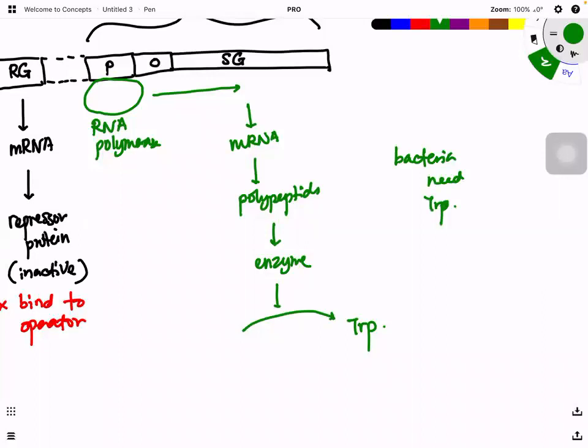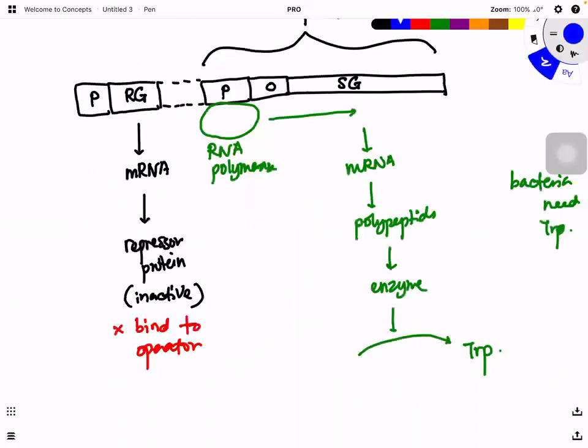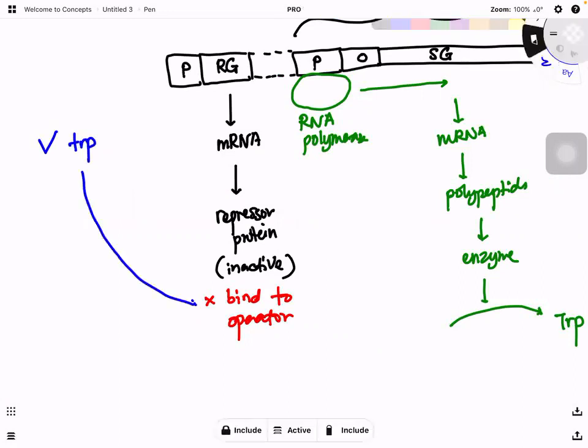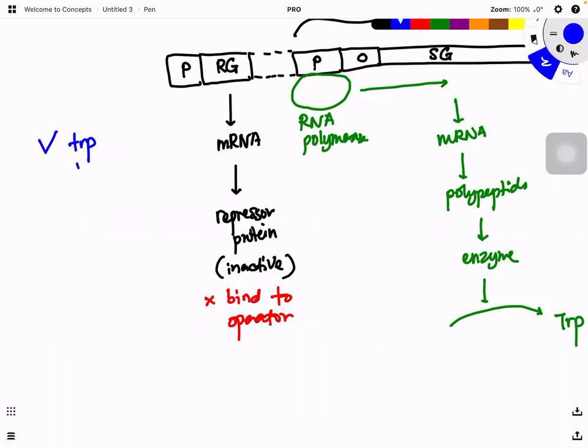But now, let's say we put this bacteria in a surrounding with tryptophan. What happens here is that tryptophan will bind to the repressor protein, and from the inactive stage it becomes active.